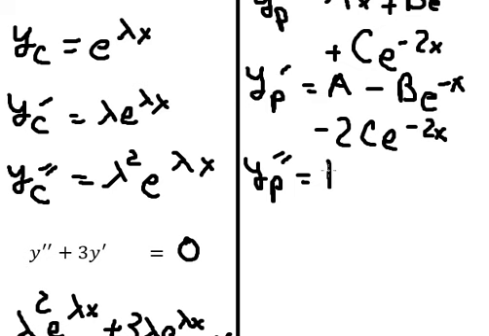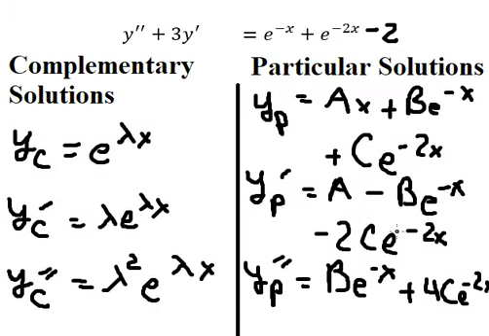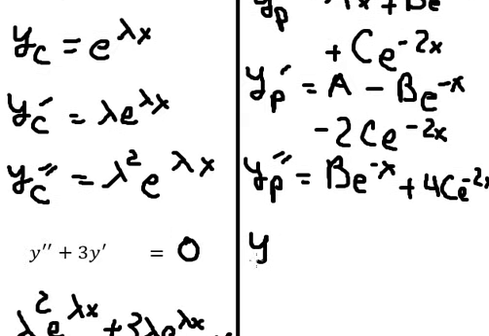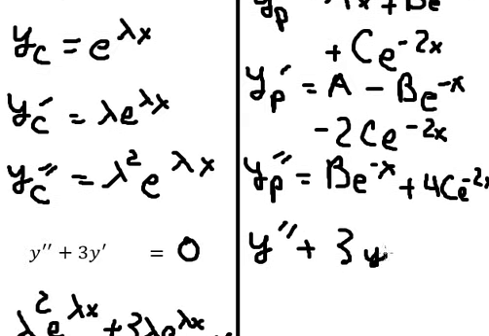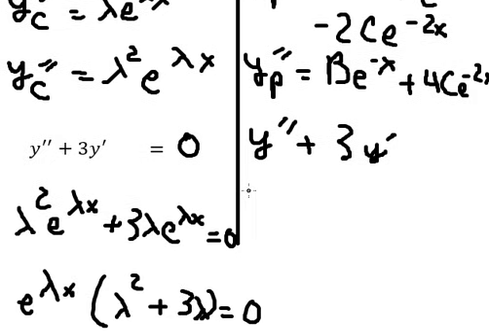This one we have positive b e to the power of negative s, and negative 2 times negative 2 we have positive 4. So I will put this one and this one in here. So that should be like this.